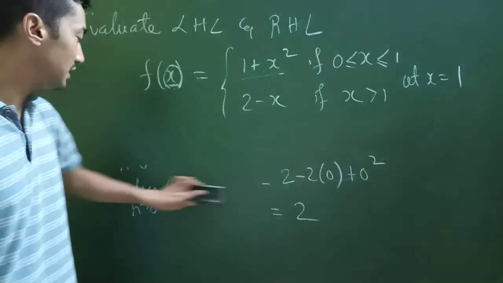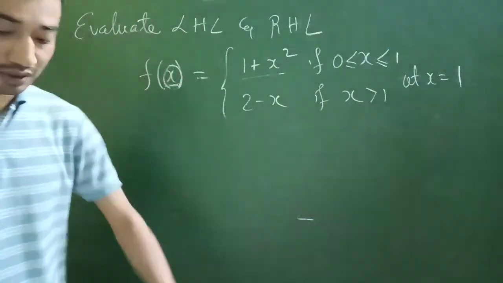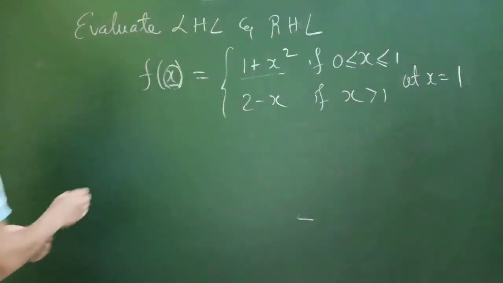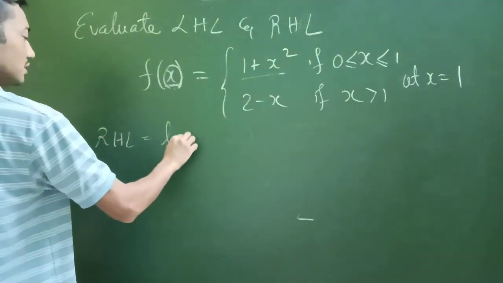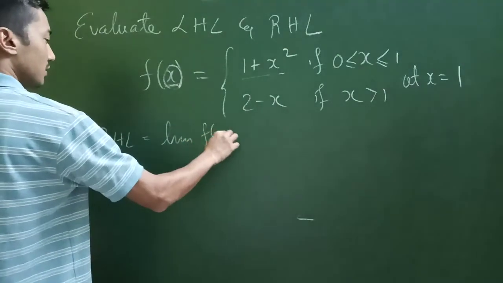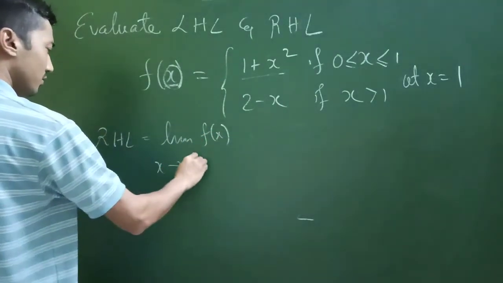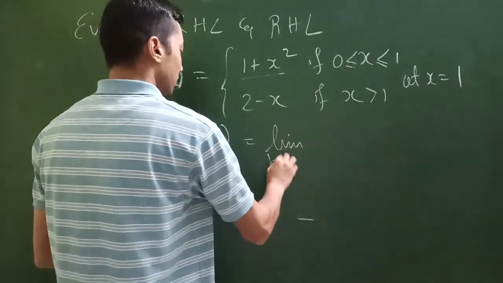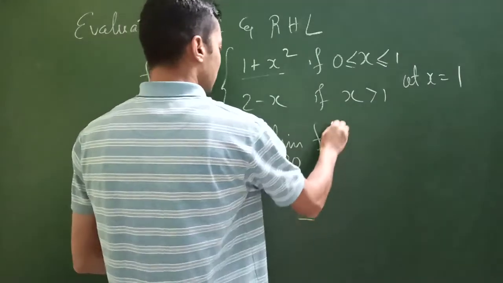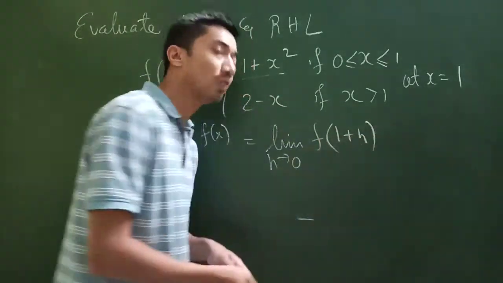Alright, so that's it. Now let's check the right hand limit, that is, the limiting value of the function as x approaches 1 from the right hand side. Here also the same concept: for a very small interval, it's going to be f of 1 plus h. This time the small interval is 0.1, same again.